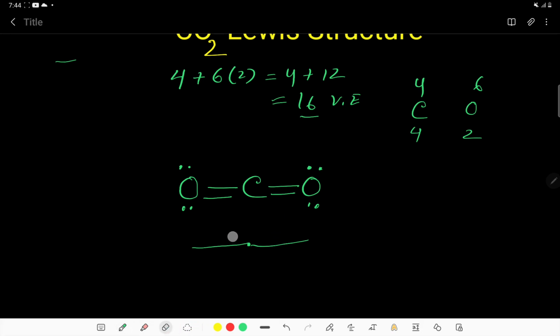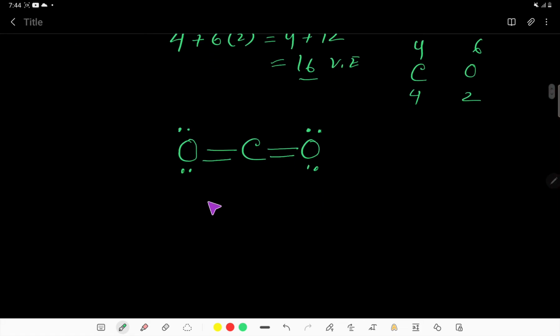So now I will talk about the formal charge for this molecule, that is the formal charge of oxygen, carbon and oxygen. Look, here you have to follow my tricks carefully so that you can easily determine the formal charge.